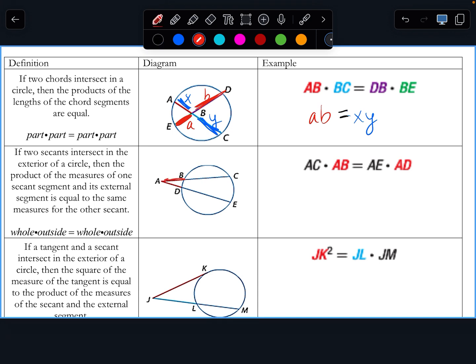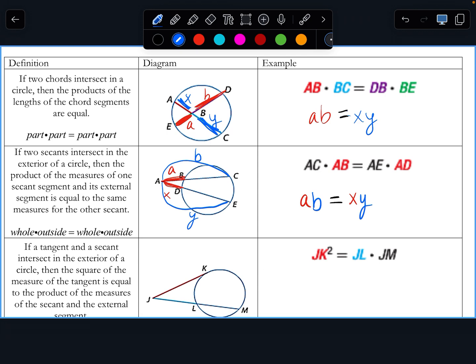Or I do parts sticking out, just go with it, times the whole thing, B, that's how I write it, equals the part sticking out on the other one. So we'll just call that X times the whole thing, Y. So it's more of a pattern for the formula.